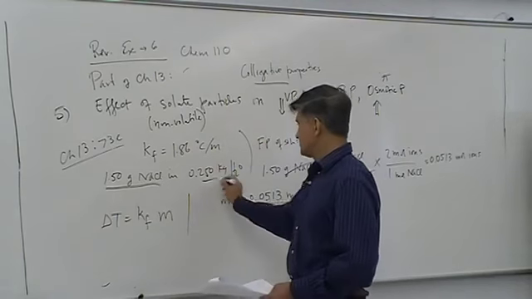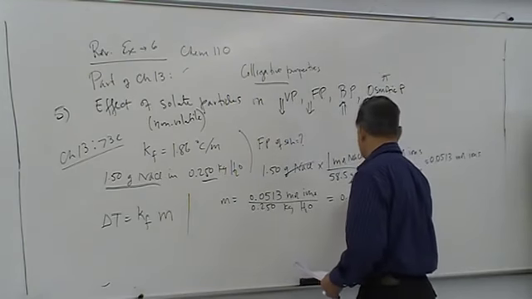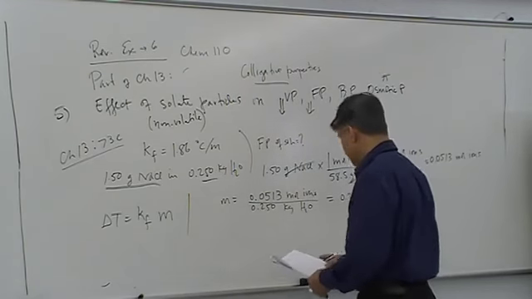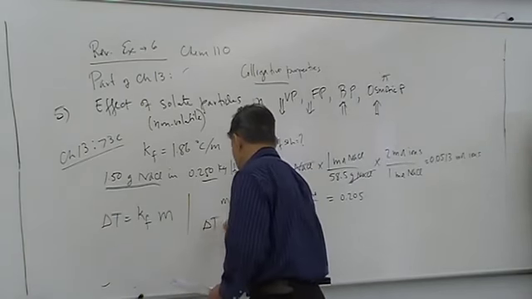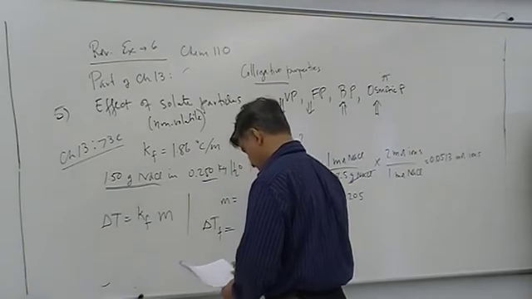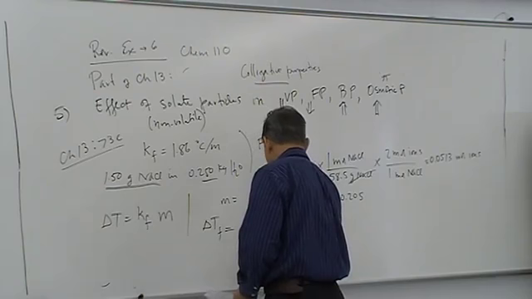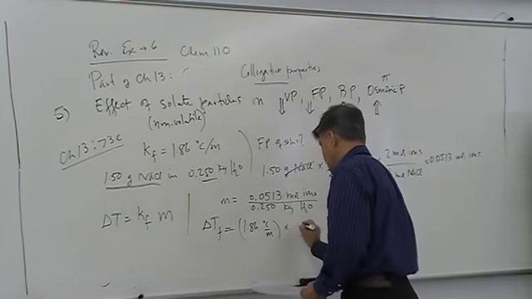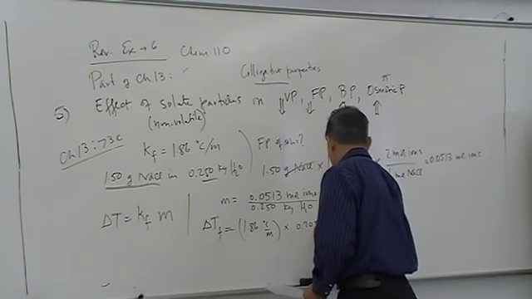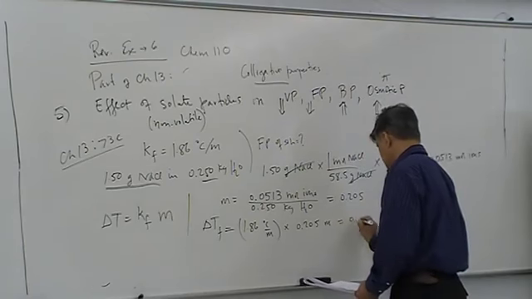Because they gave you that 0.250 kilogram, and that gives you the value of 0.205. So now we have all these values to calculate. So delta Tf, depression of freezing point, will be given by 1.86 degrees centigrade per molal times the molality value, 0.205 m, and that will give you 0.382 degrees centigrade.